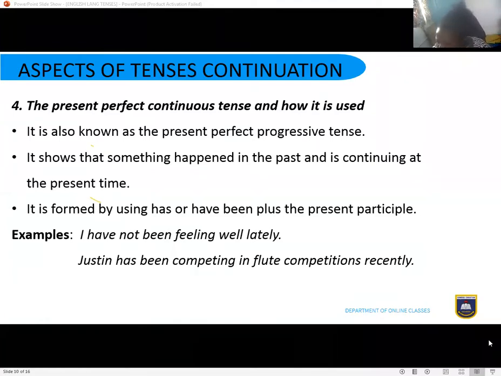So when you hear of present tense, you don't just take it that it is an action taking place now and that ends it. No. The present tense covers four aspects: the simple present tense, the present progressive or continuous tense, the present perfect tense, and the last one, the present perfect continuous tense. So anytime you hear of present tense, these things should come into your mind. Is it okay?